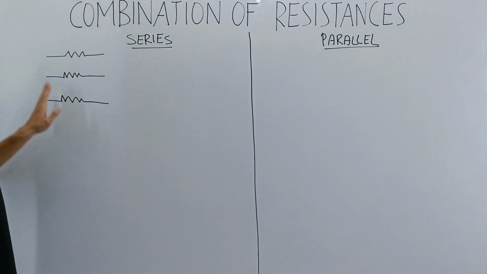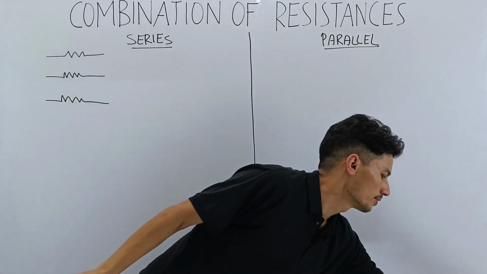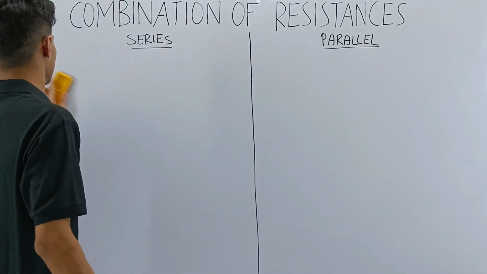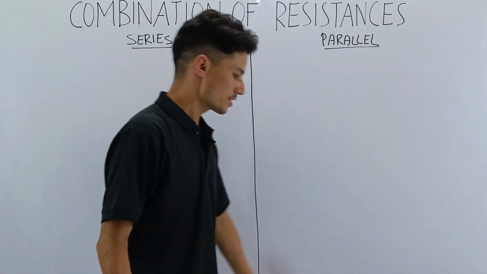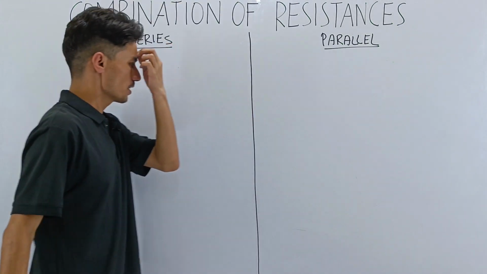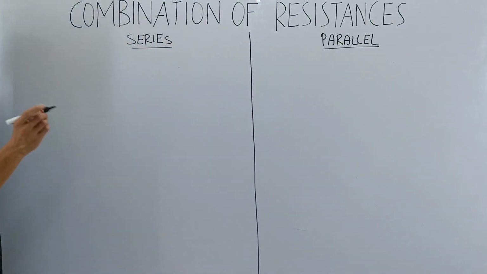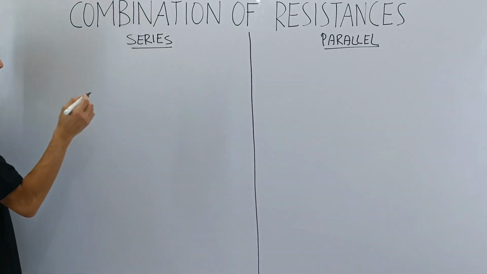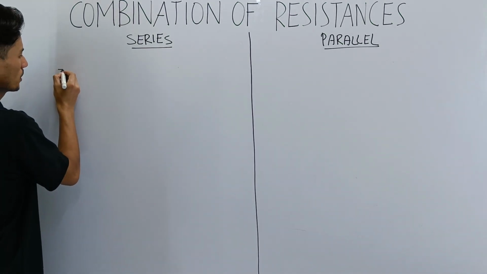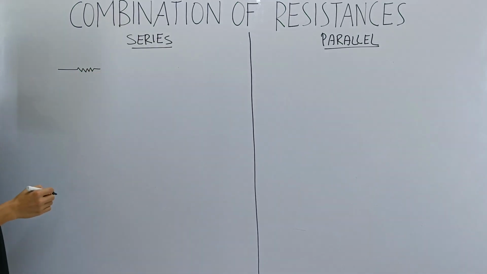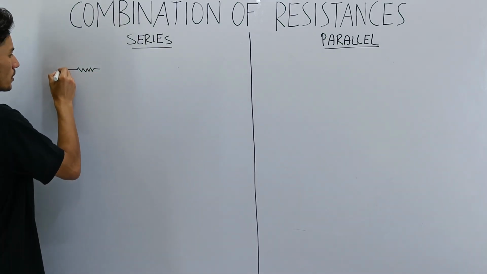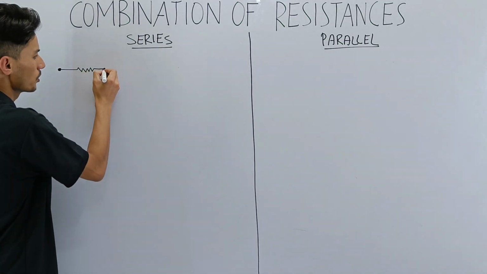So in series combination, how do we arrange the resistances? In series combination, the resistances will be arranged like this. We have the first resistance, so it will be drawn like this, from this point to this point.